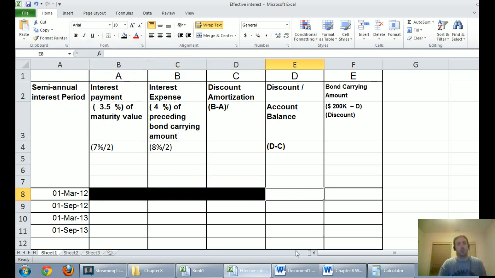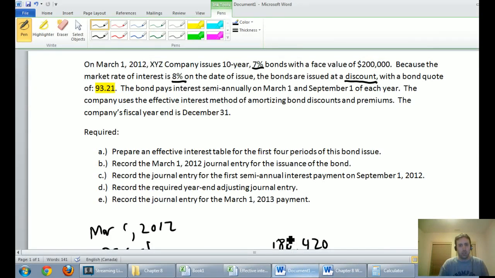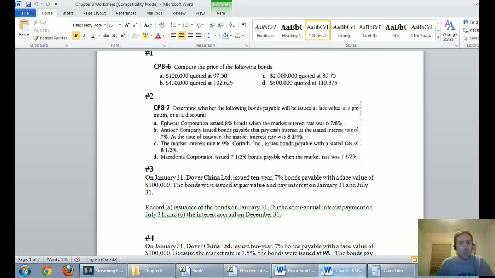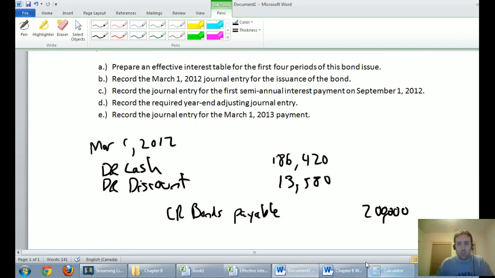There is a discount on day 1, and we did a journal entry for it. Our discount was $13,580. In other words, we asked for $200,000 but only got 93.21% of what we asked for, $186,420. So there's a discount of $13,580 on this bond.